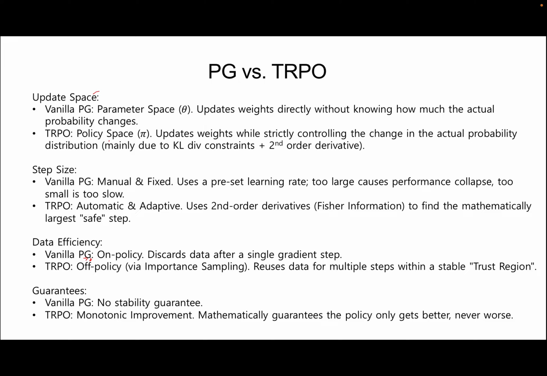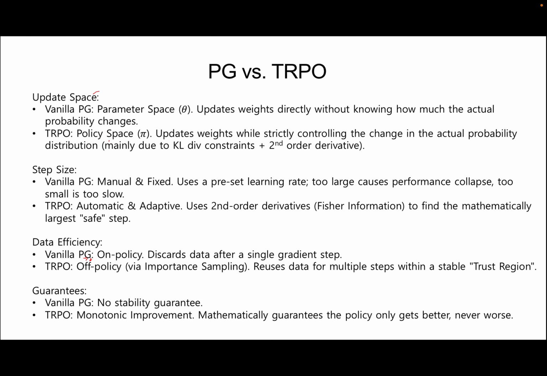And finally, guarantee: vanilla PG has no stability guarantee. TRPO has monotonic improvement because we have the relative performance bound. It is a mathematical guarantee that the policy only gets better, never worse. Of course, in theory. So this is the difference between the original PG and TRPO. Is that okay?